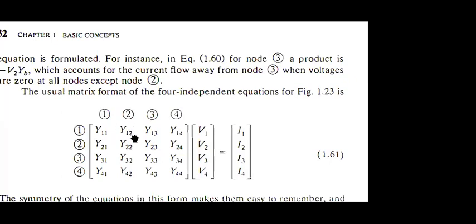Y12 will be minus YD, the only component attached to V2 in equation 1. That will be the mutual admittance. Self admittance and mutual admittance.